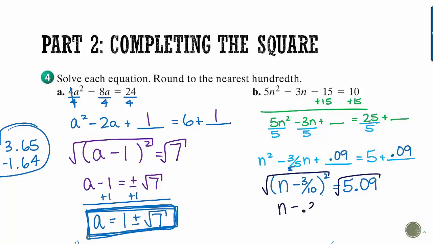3/10 is just 0.3, so we could write it like that if you wanted to. And the square root of 5.09 is about 2.2561. Remember, there's a plus or minus on here, so you technically have two equations that you can solve.